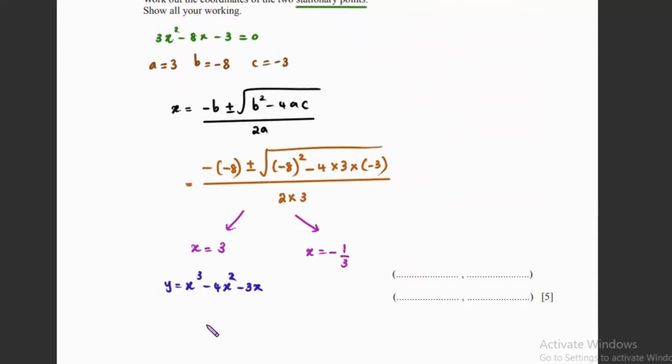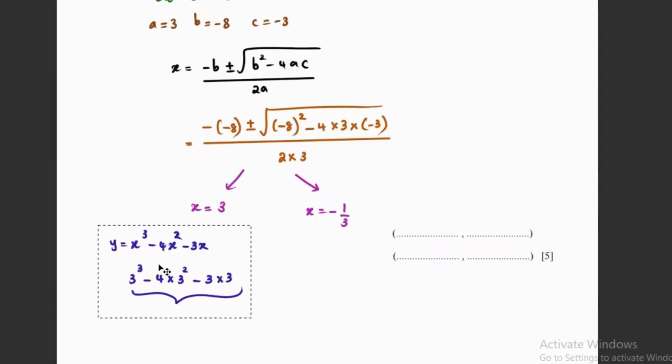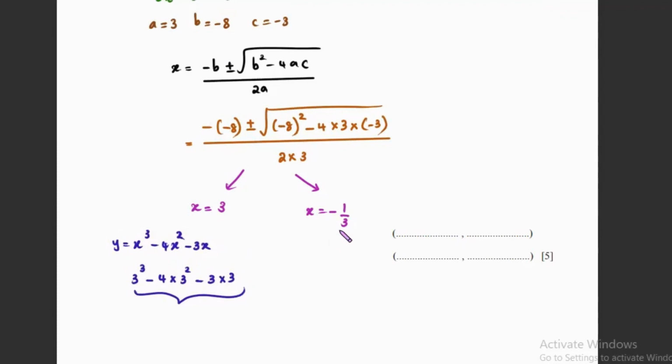So we're going to substitute the value of x here. It's going to be 3 cubed minus 4 times 3 squared minus 3 times 3. I need to find the value for this. In the same way, I'm going to find the other value for y, when I substitute the value of x as negative 1/3.